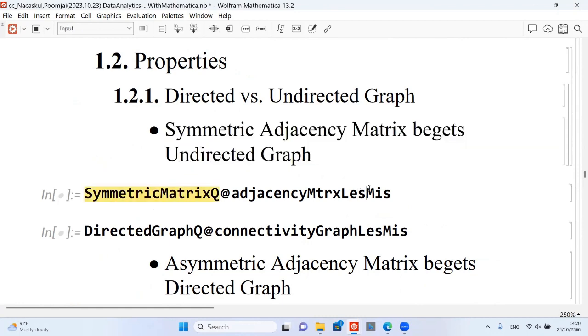Now, here's a funny thing. Never mind, there's a subtlety. I don't know if you want to know, but you can actually have directed and symmetric. In other words, directed allows for asymmetry, so ij doesn't have to be the same as ji. But it just happens that in this particular case, it is symmetric.